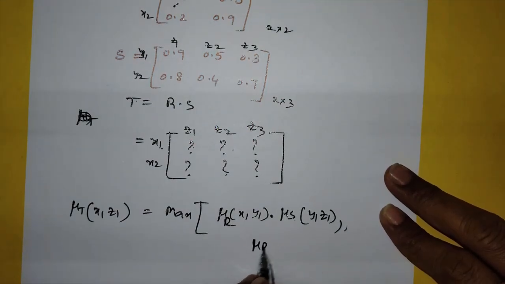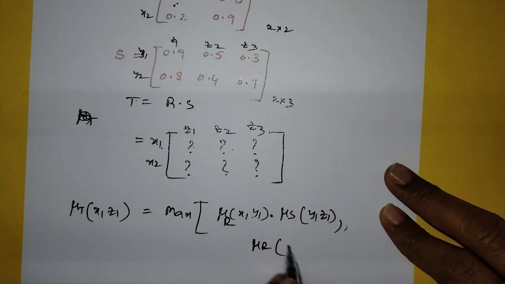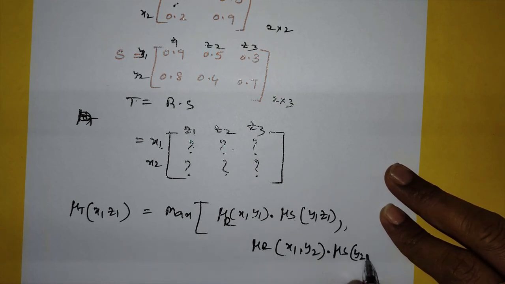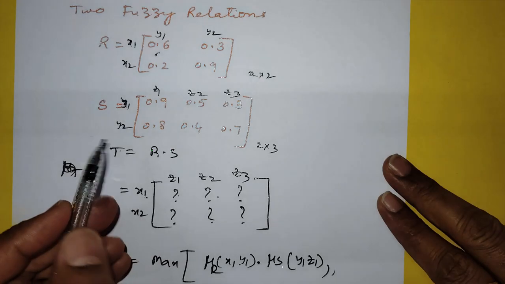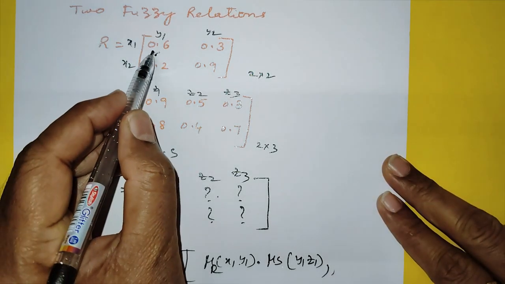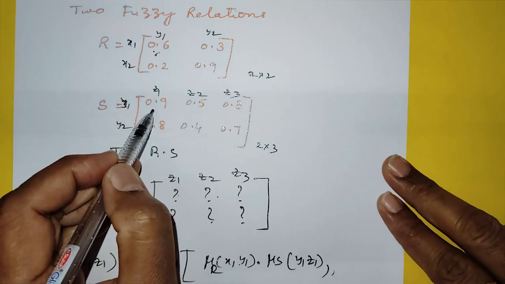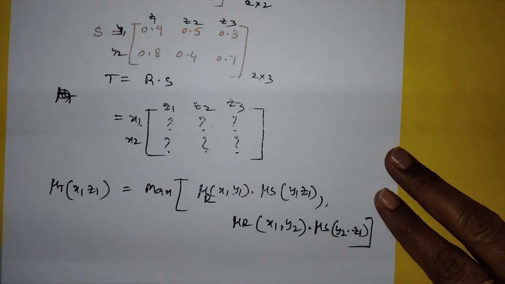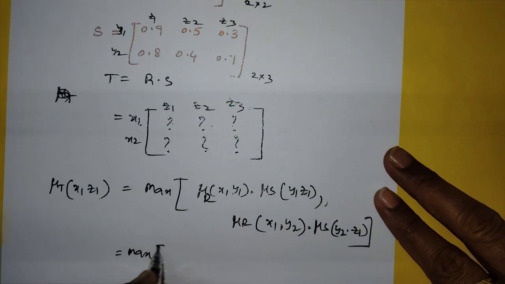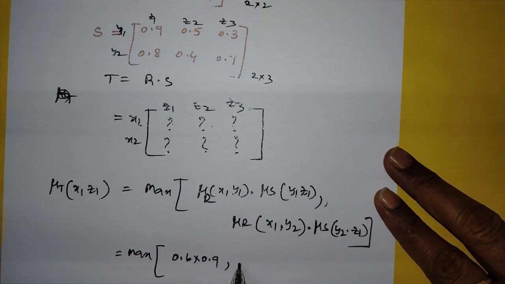Next, mu r of x1 y2 times mu s of y2 z1. It is very simple if you know the concept of matrix multiplication. 0.6 into 0.9, next 0.3 into 0.8. So the maximum of 0.6 times 0.9, comma, 0.3 times 0.8.